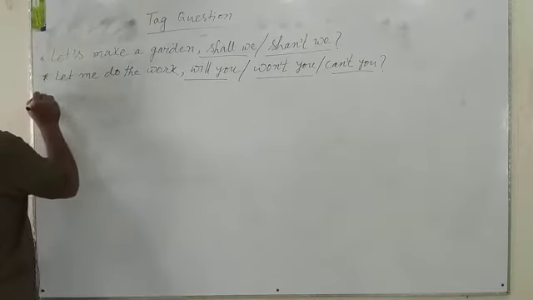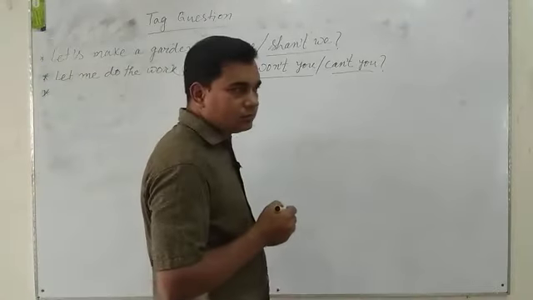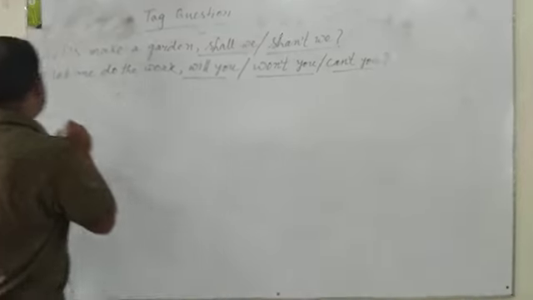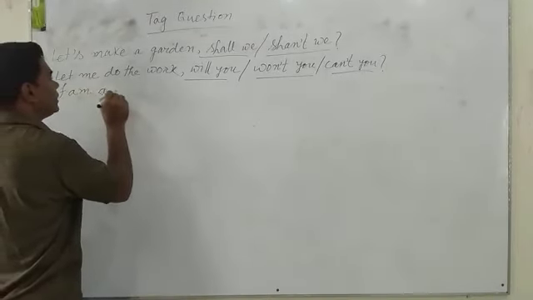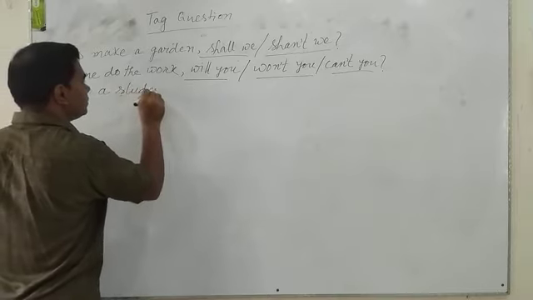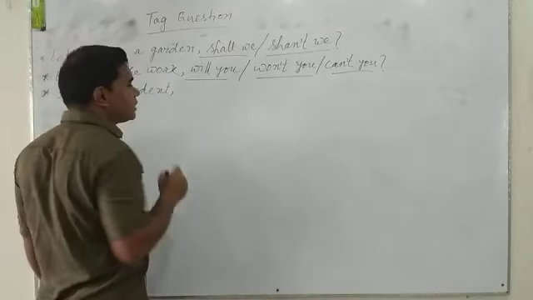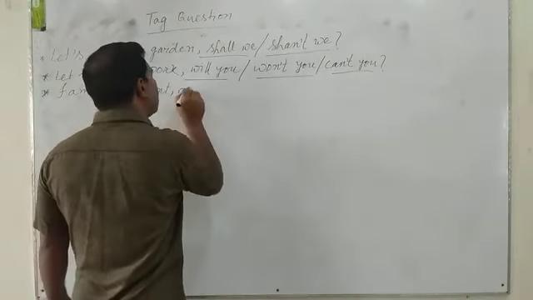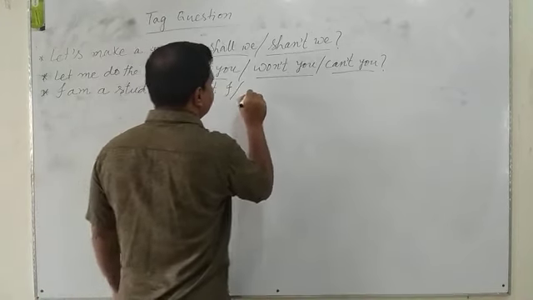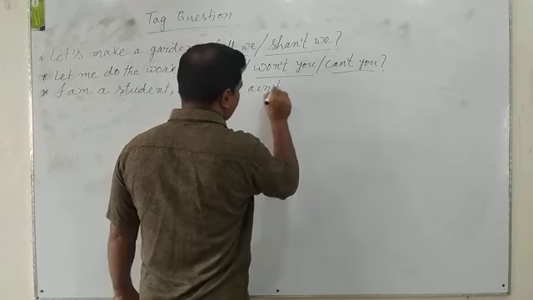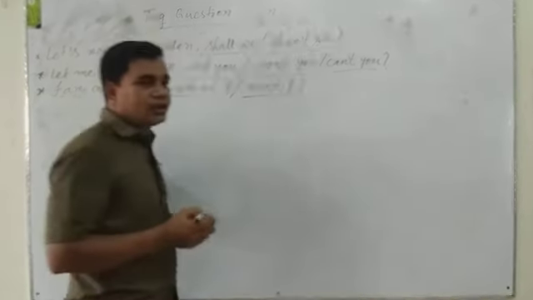Then go to another rule. If the sentence starts with "I am", for example, "I am a student", we are to use a tag question here: "aren't I" or "ain't I?"